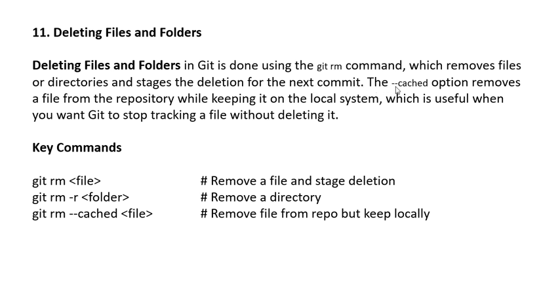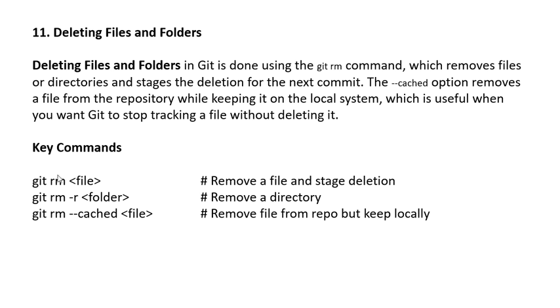The --cached option removes the file from the repository while keeping it on the local system, which is useful when you want Git to stop tracking the files without deleting them.